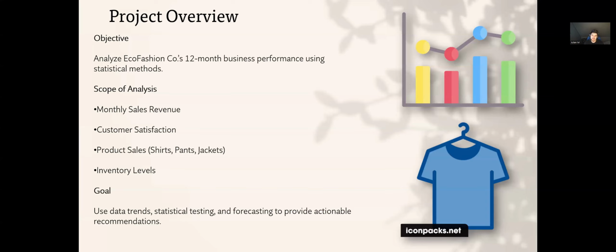Also, to build two forecasting models to help predict what might happen in the future. Basically, this wasn't just running numbers, it was using those stats to think like a real business would.